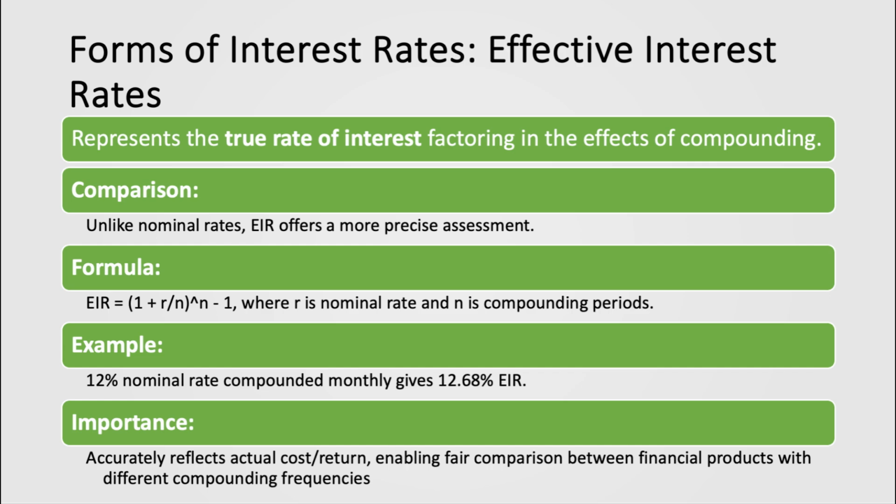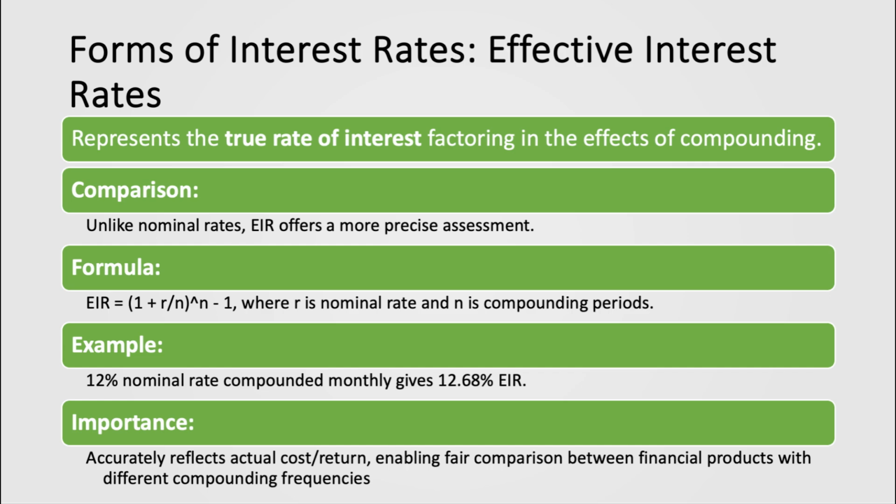The formula is EIR equals (1 plus R/N) to the power N, minus 1, where R is the nominal rate and N is the number of compounding periods in a year. For example, if you have a 12% nominal rate compounded monthly, the EIR becomes 12.68%, which is higher because of compounding.